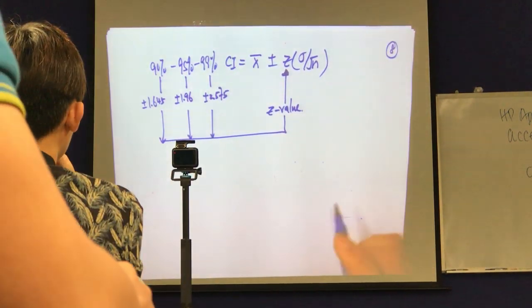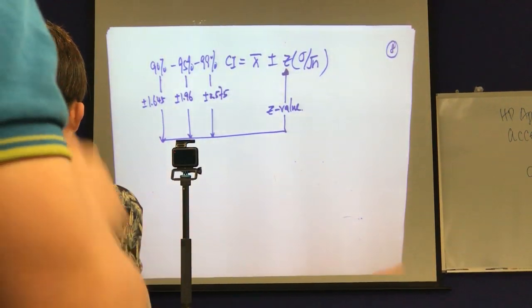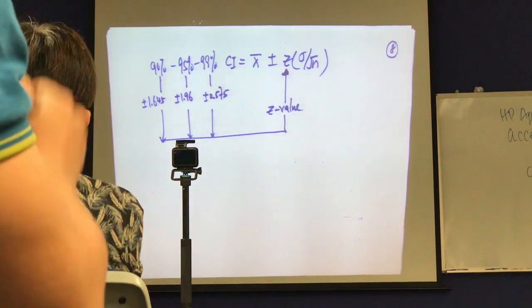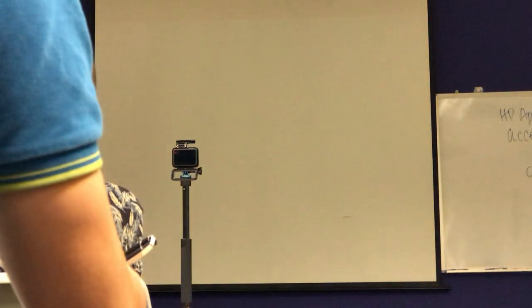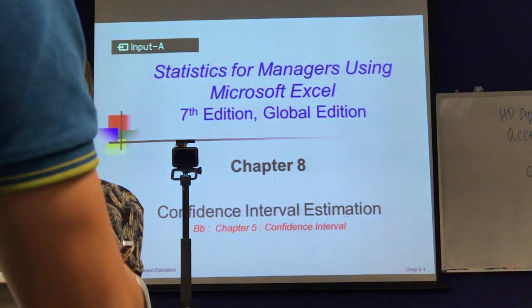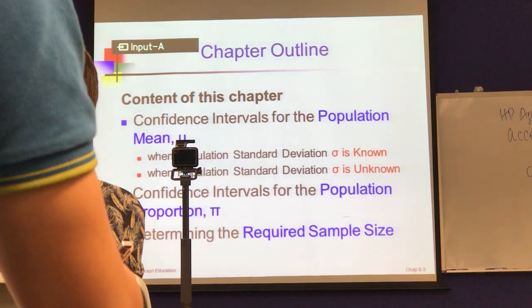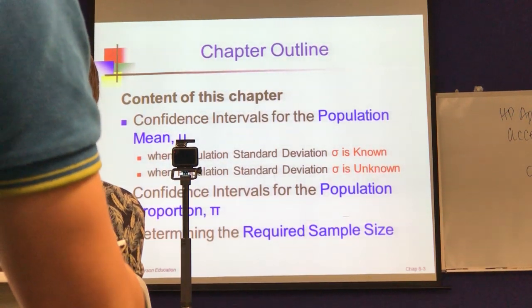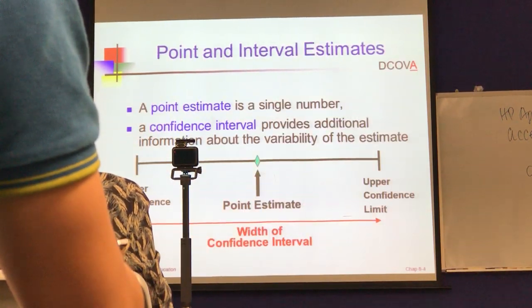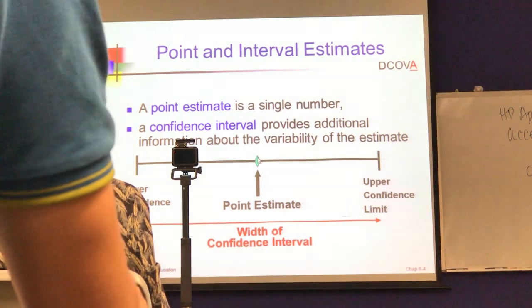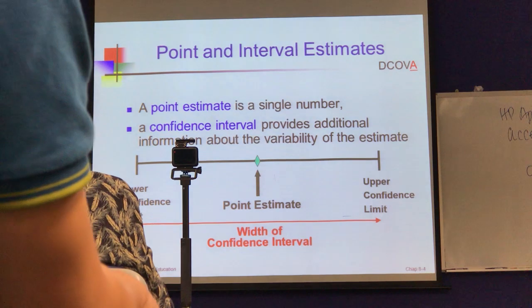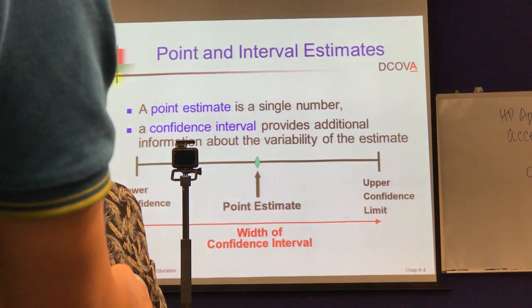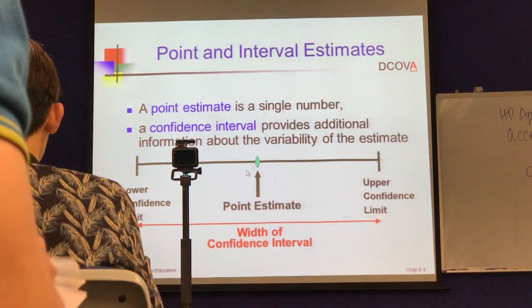And let's look at the example right now from the PowerPoint slides. Interval estimate. Point estimate. We don't use point estimate to predict, to estimate the mean. We don't. But we use the point estimate as the midpoint.